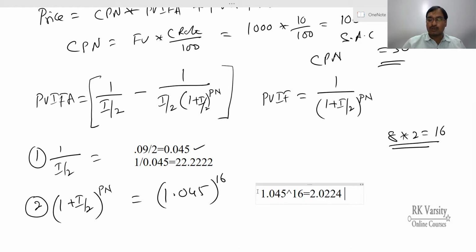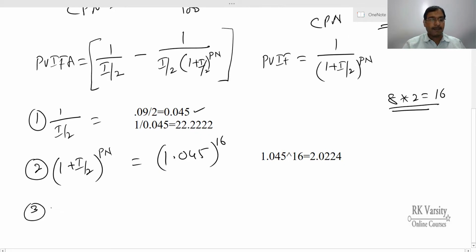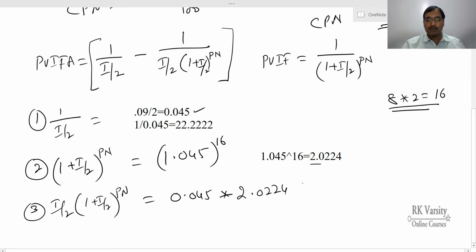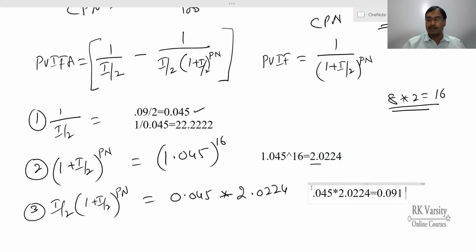So that is 2.0224. Then the third step, we calculate I upon 2 times (1 plus I upon 2) to the power of P into N. I upon 2 is 0.045, times 2.0224. So this equals 0.045 times 2.0224, which is 0.091.